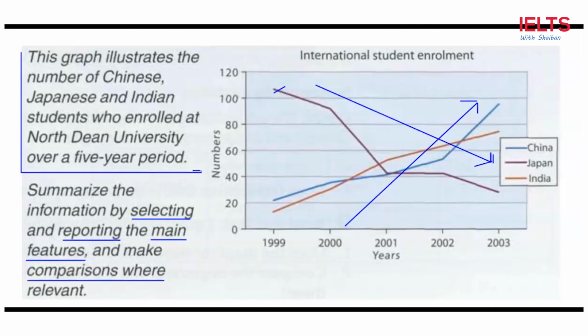So every task 1 question in IELTS has these things. You have to select and report, talk about main features, and make comparisons where relevant. Main means you have to show me the highest, the lowest, and of course you have to support them with data. Never forget the data. And you have to make comparisons where relevant.